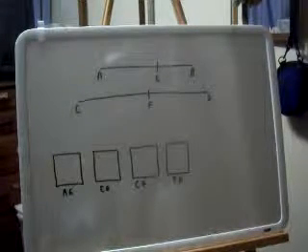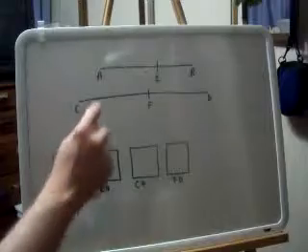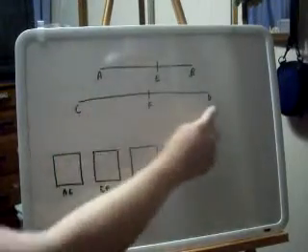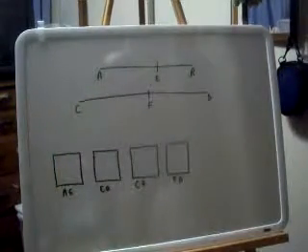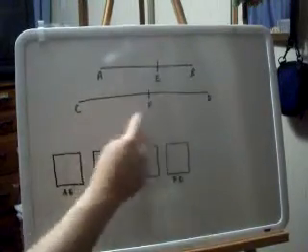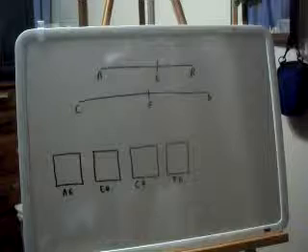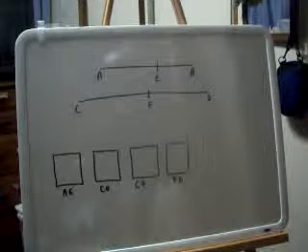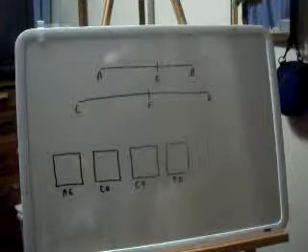Let it be contrived that as AB is to CD, as this line here is to this line here, so is AE to CF. That's a ratio. This is by Euclid Book 6, proposition number 12.